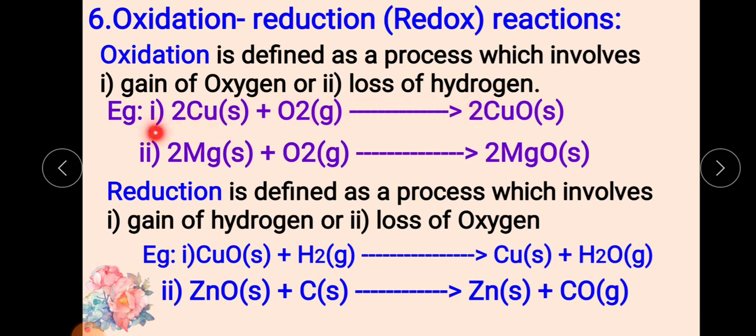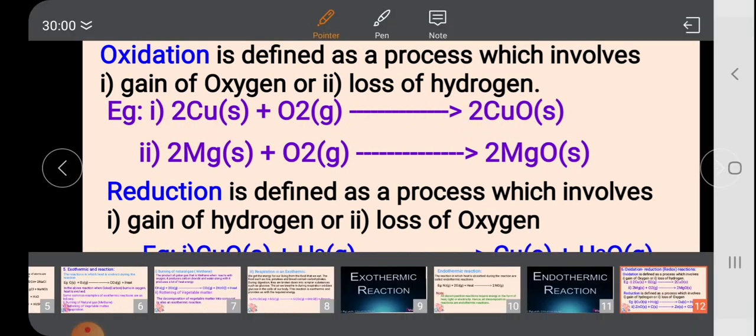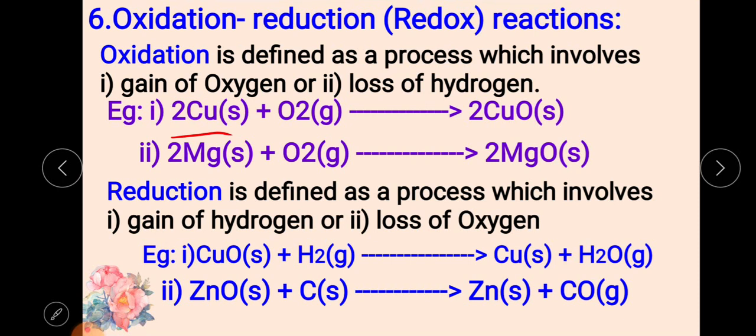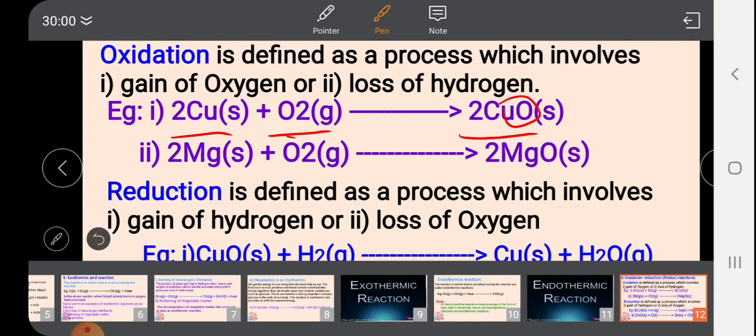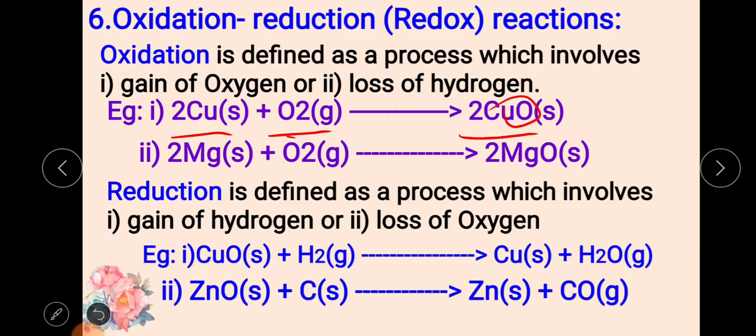In this reaction, when copper reacts with oxygen, it gives copper oxide. See very carefully, Cu plus O2 gives copper oxide. Copper doesn't contain oxygen, but when it reacts with oxygen, it gets oxygen. Means copper gains oxygen, so it is an oxidation reaction. Copper is oxidized.